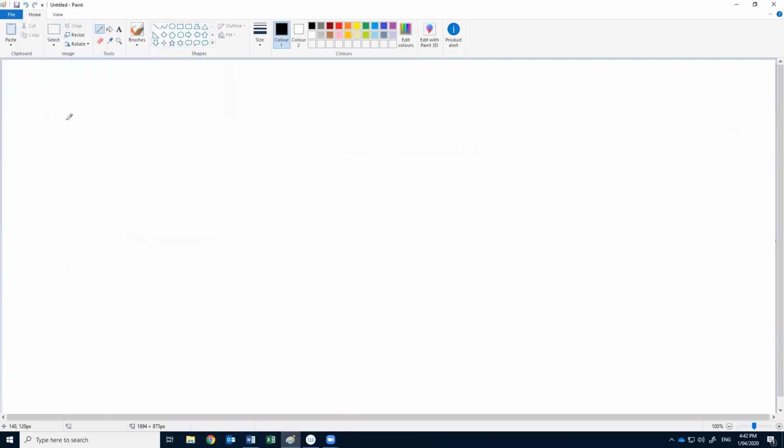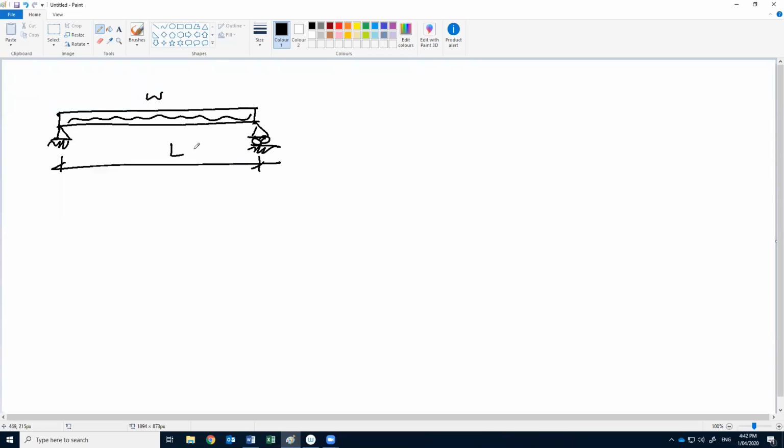So now we can shift to the moment. For the same case, we have the simple beam with a uniform load W, and the length L. We say that we have the uniform equivalent resultant WL, the reaction here WL by 2, the reaction here WL by 2, and we have two cuts, 1 and 2.